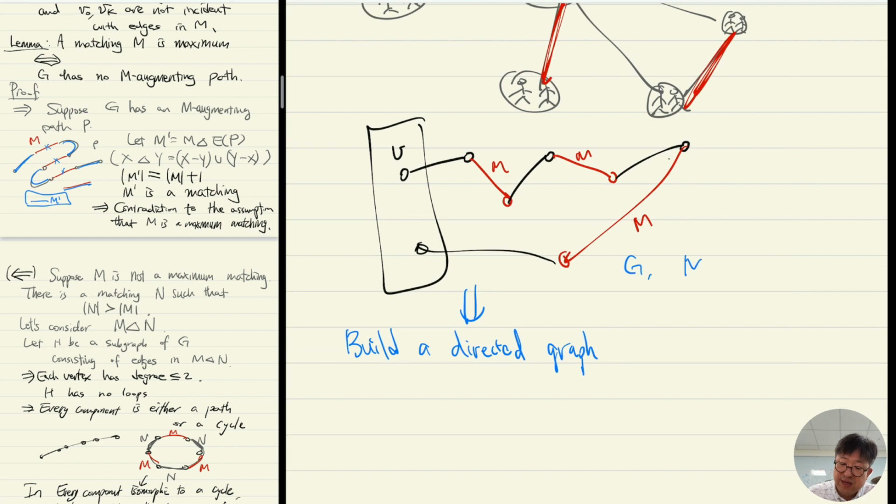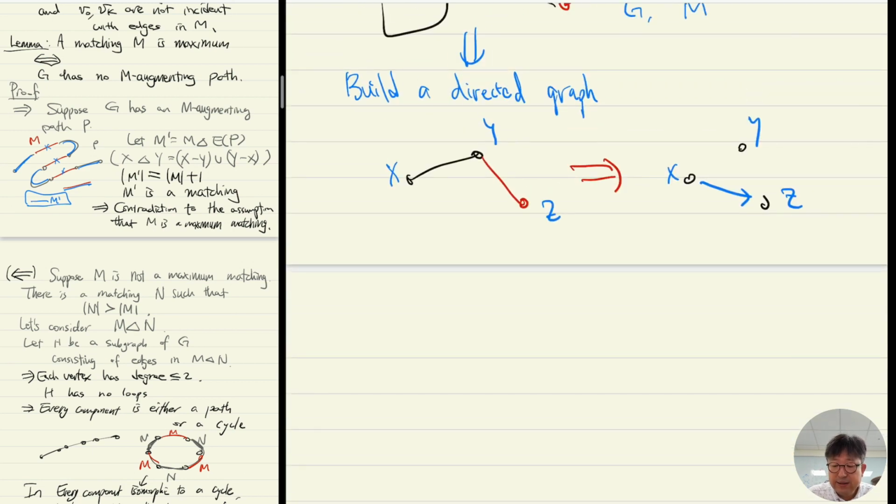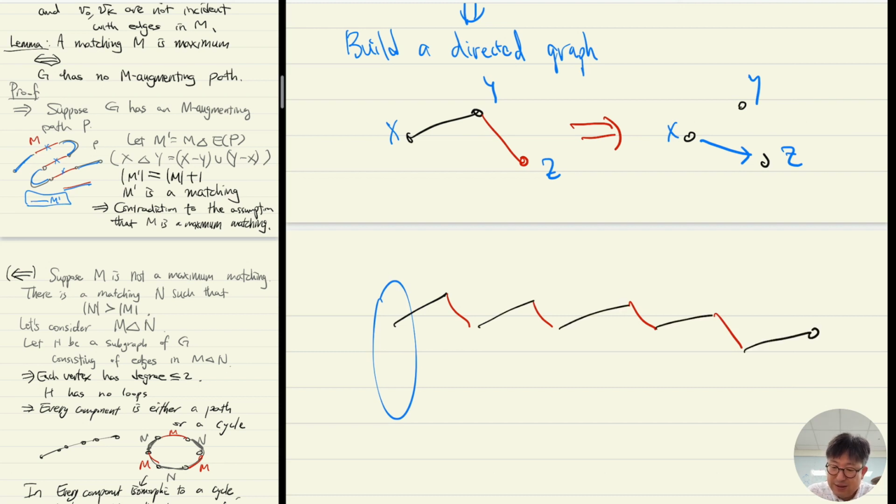So you have graph G and matching M. Now I put an edge: if I have an edge like this together with that, then I put the shortcut, so this is X, Y, G, then I put shortcut X, Y, G. Why is this useful? Well, what I want is to find the augmenting paths, and augmenting paths look like this: 1, 2, 3. This is what it looked like.